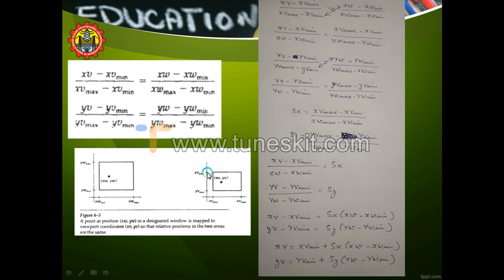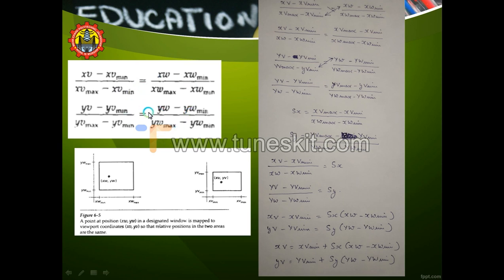Out of this, yv max minus yv minimum, that is what it talks about, right? Same with respect to the window, yw minus yw minimum, out of yw max minus yw minimum, right? This is our starting equation, right?